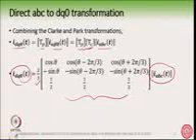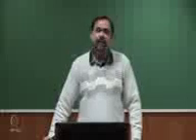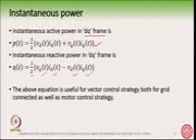Similar to the alpha beta case, we can also define the power. The instantaneous active power in the dq frame is 3 by 2 times (VD ID plus VQ IQ), and the instantaneous reactive power in the dq frame is 3 by 2 times, again with the cross terms, (VQ ID minus VD IQ).